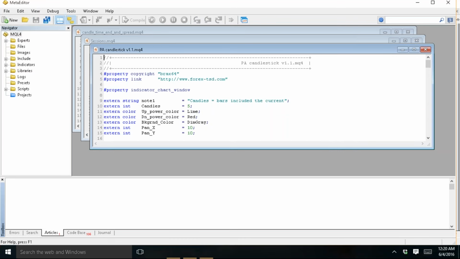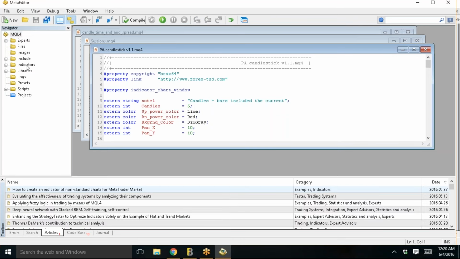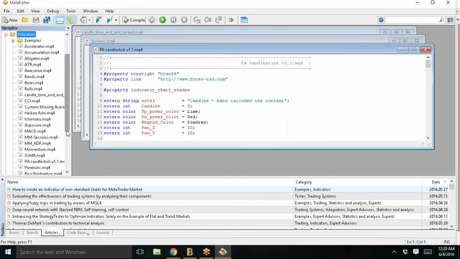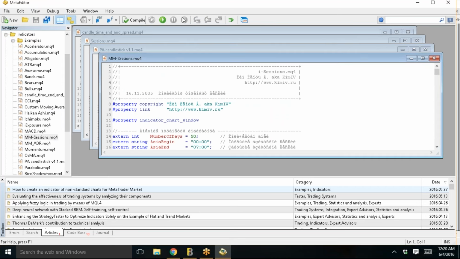Then go to indicators, and whatever indicator you found, like sessions, you click, and right here there's a little play symbol, but it says start profiling. All you're going to do is hit that.